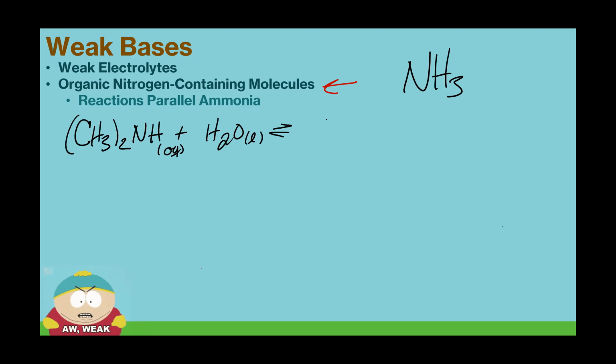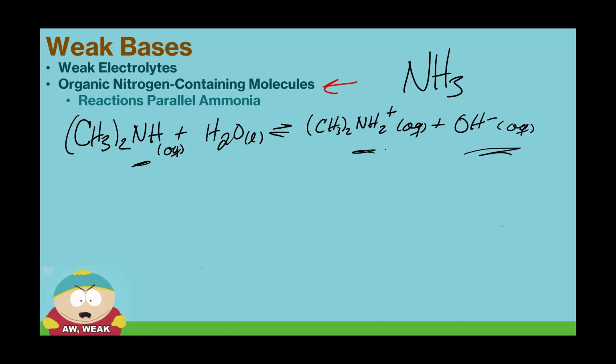It's going to give us (CH3)2NH2 plus aqueous and OH minus aqueous. So it's Arrhenius because it produces OH minus, but it's also a Bronsted-Lowry situation because our nitrogen has picked up a hydrogen when we do that.